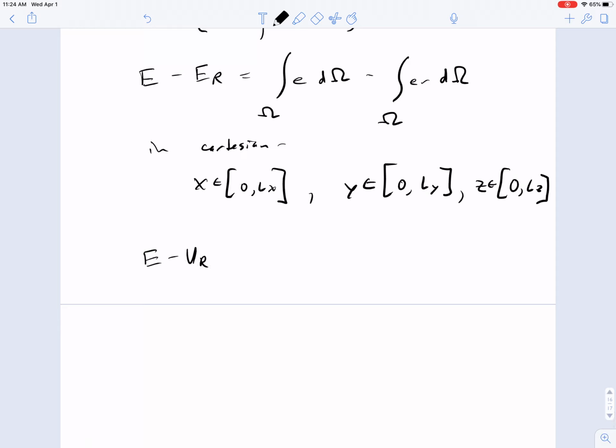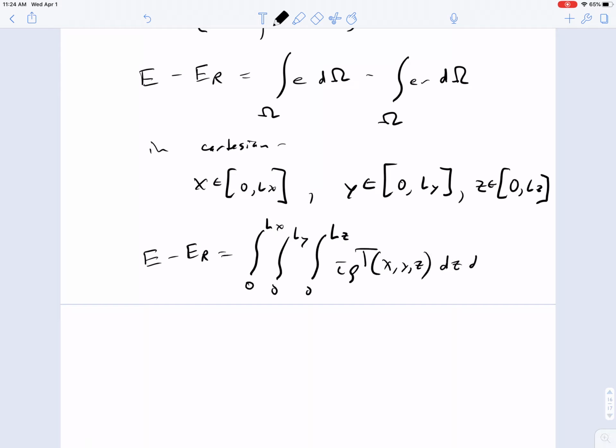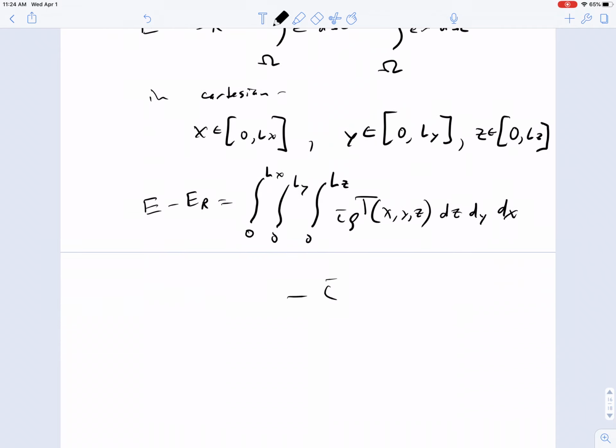This could be internal energy, let's say, minus our reference temperature energy, because it's always relative to something else, is equal to the integral from 0 to Lx, integral 0 to Ly, integral 0 to Lz, of c bar rho temperature, which is a function of x, y, and z, and this becomes dz dy dx, minus c bar rho temperature reference, which will be a constant, which then just becomes times Lx, Ly, Lz.